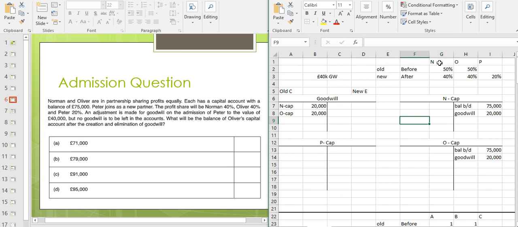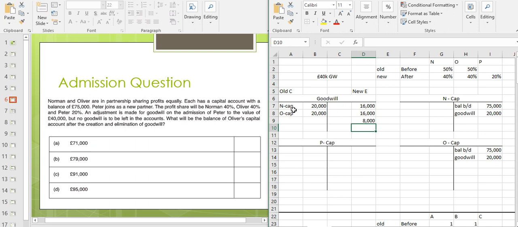Peter's not involved because he wasn't there at the old ratio. We do the same thing based on the new ratio, so 40 divided by 40%, 40%, 20% split. Okay, 4 times 4 is 16, so 16 twice, and then 8.